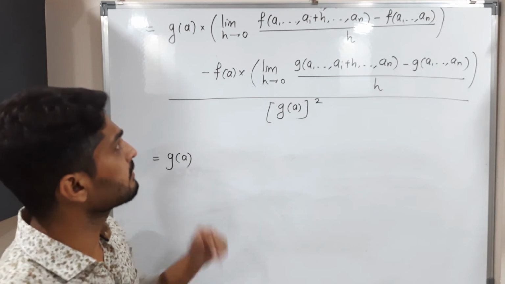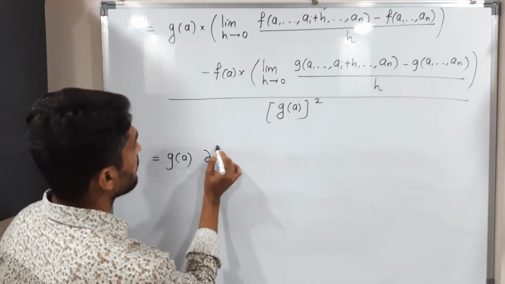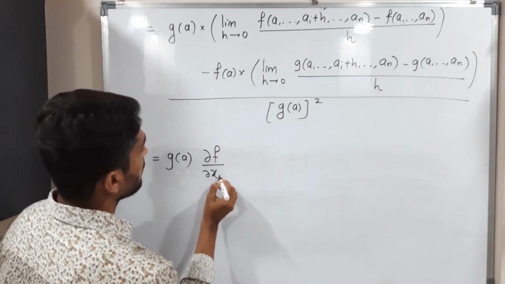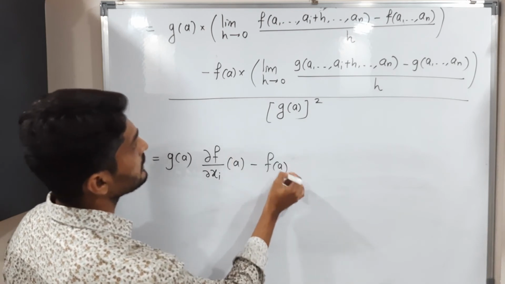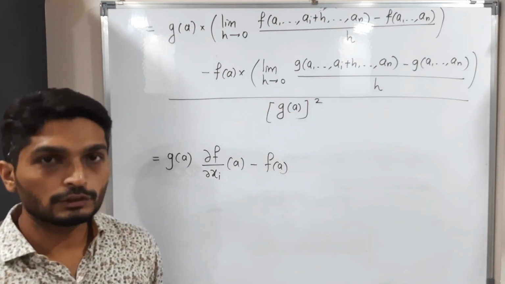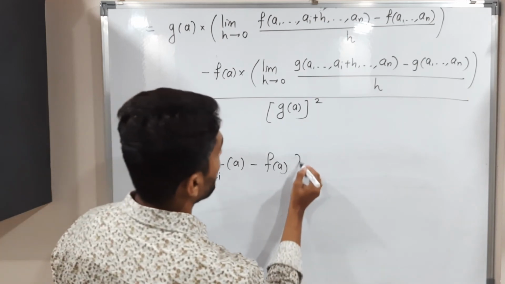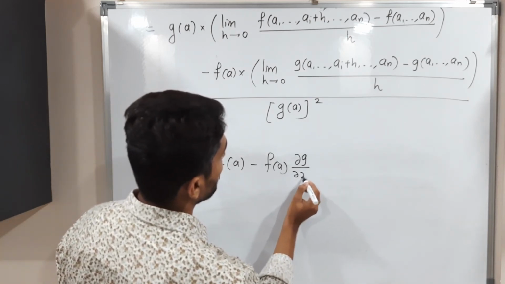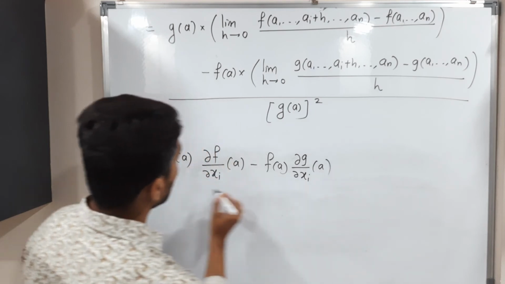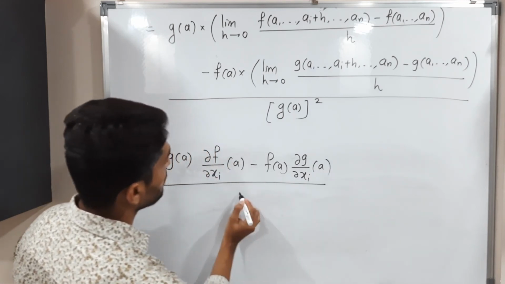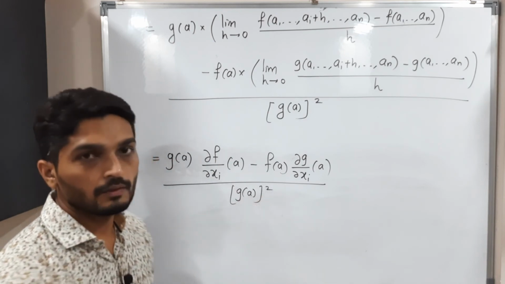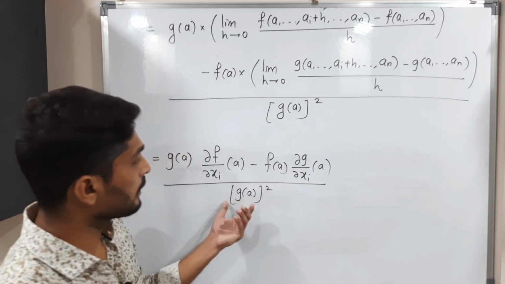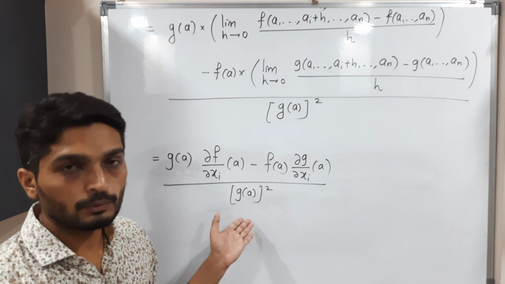We know it's a definition, getting now? So this is dabba f by dabba xi of a minus f of a, and this is nothing but the partial derivative of g with respect to xi, dabba g by dabba xi of a, divided by g of a square, correct?